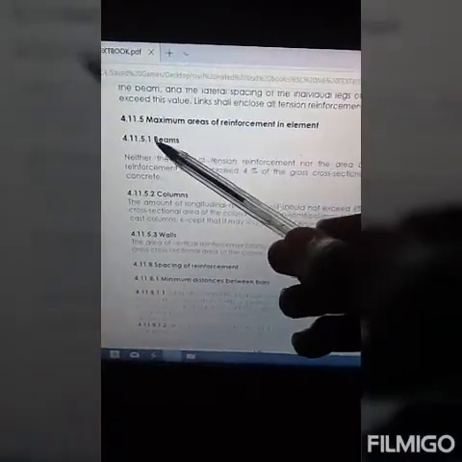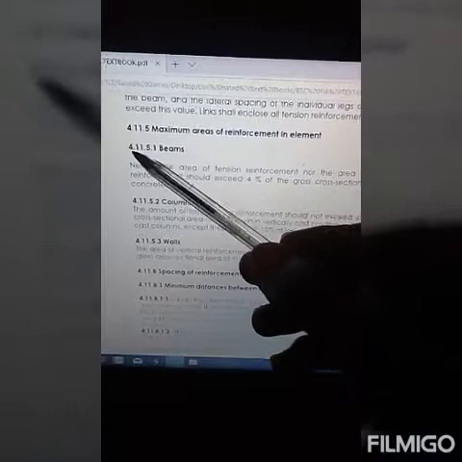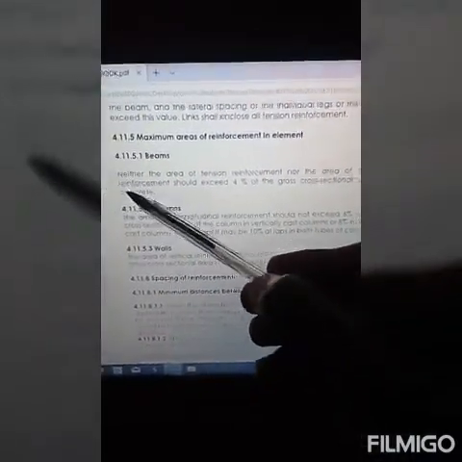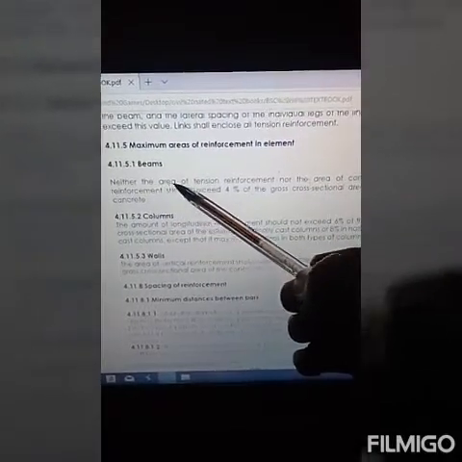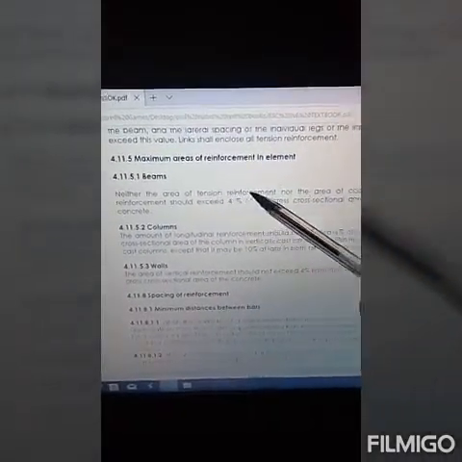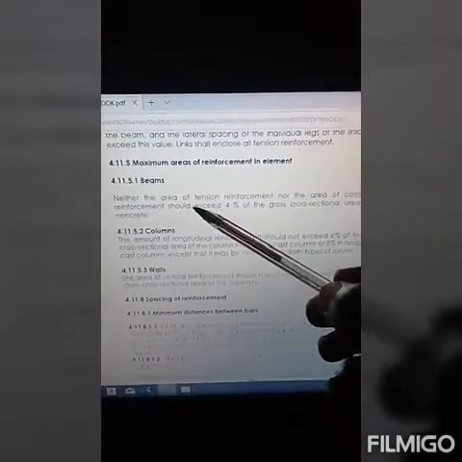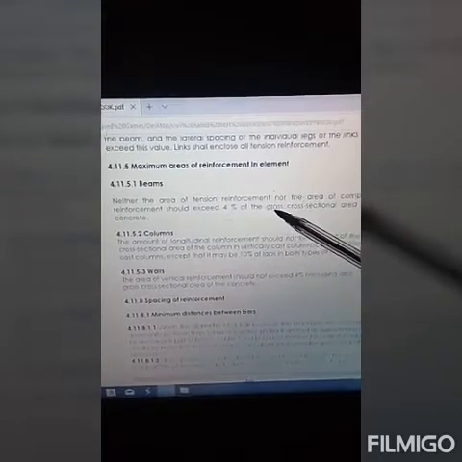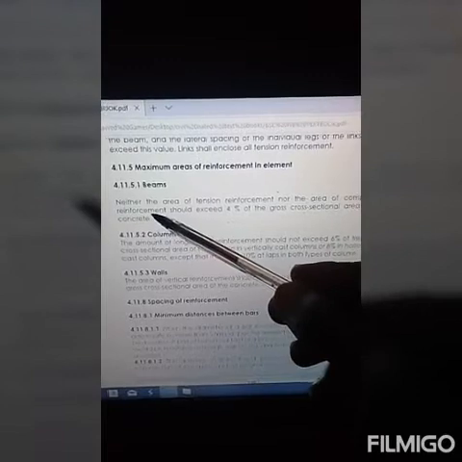Here we are calculating the beam. 4.11.5.1: neither the area of the tension reinforcement nor the area of the compression reinforcement should exceed 4% of the gross cross-sectional area of the concrete.